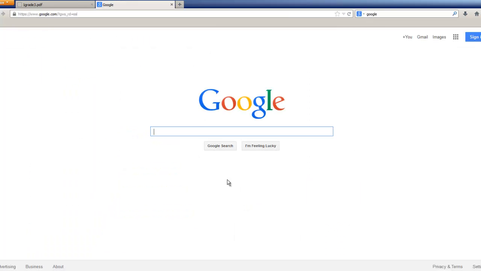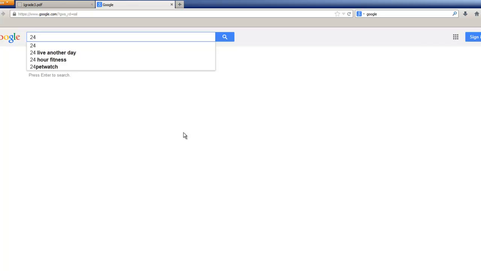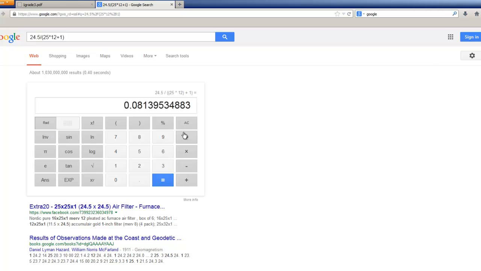The rise is 24.5 inches, divided by the hypotenuse, which is 25 feet times 12 inches plus 1 inch. That gives me a grade of 0.081, so 8.1%.